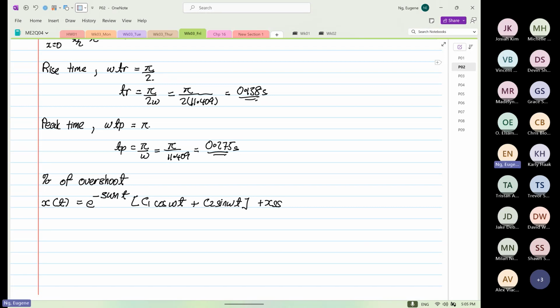So if we look at the percentage of overshoot, we focus on the first overshoot because its amplitude is the highest, yes or no?